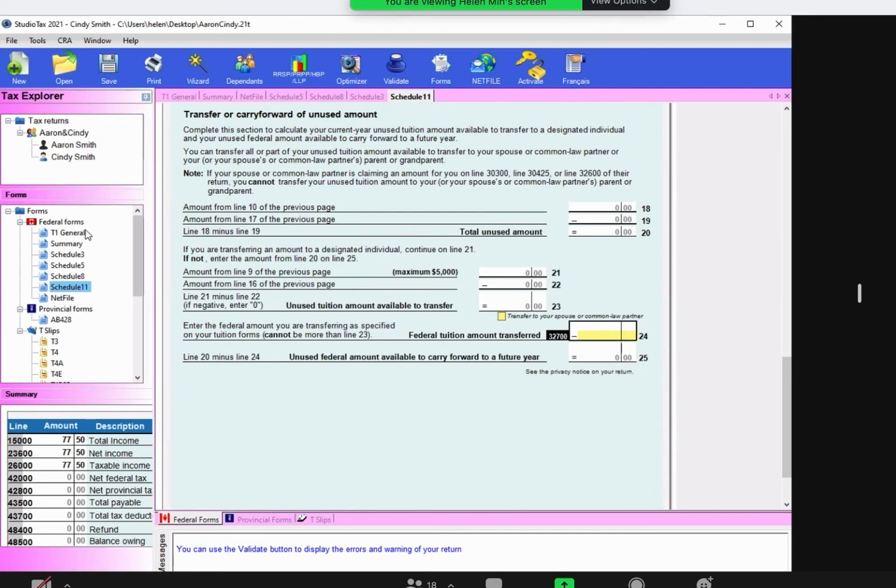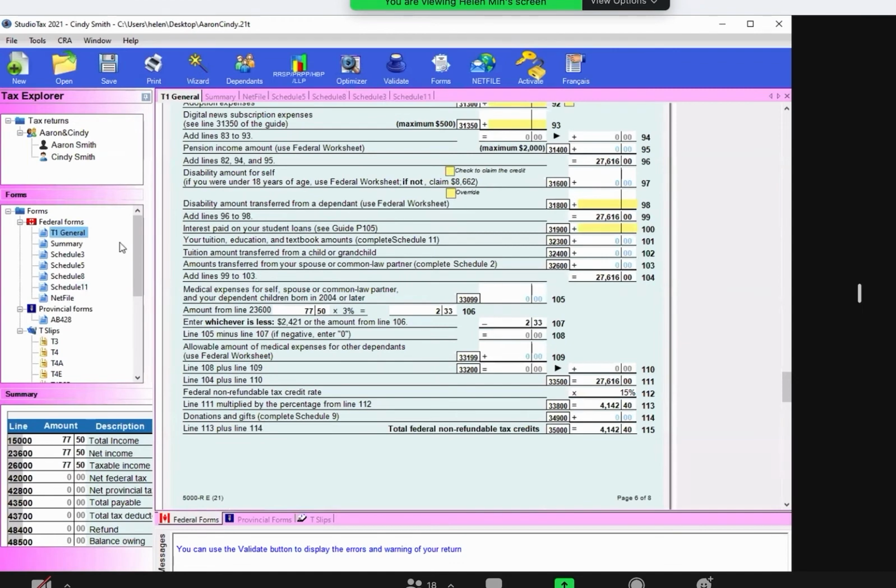Then you go to T1, line 100. How much is line 100? Not line 100, it's line 101. But don't put 101. Put line 32300.